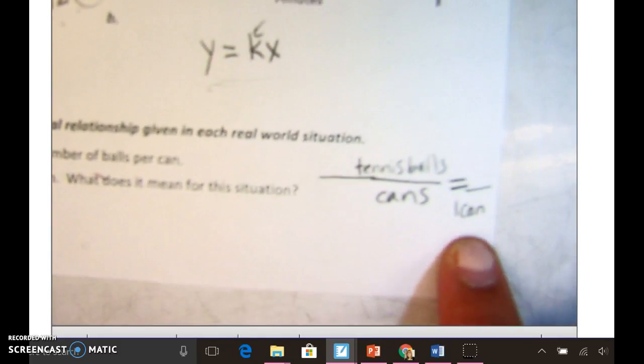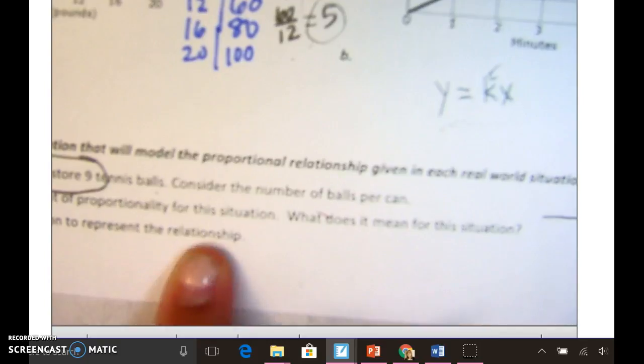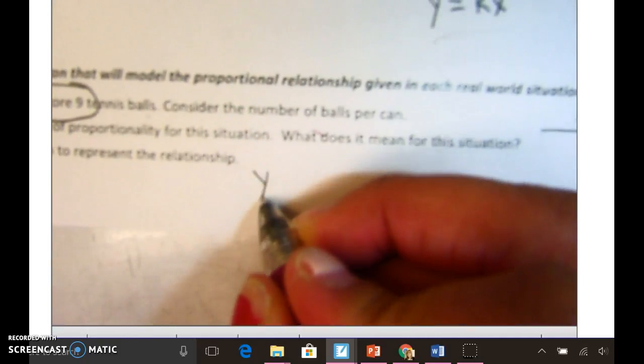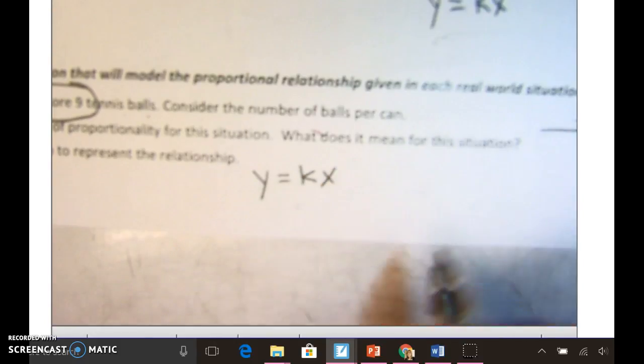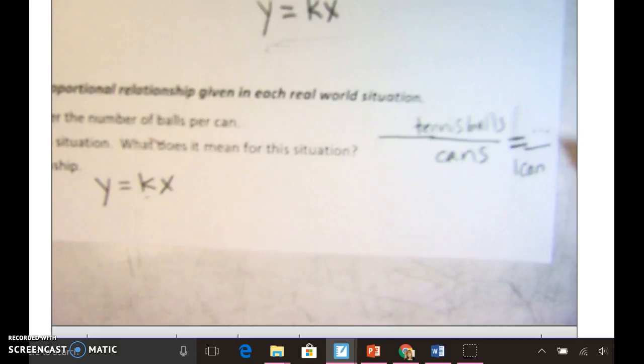Once you get this, it helps you answer this one, because once you get that ratio down to 1, then you can write y equals kx, but instead of k, you're going to write what this constant is. Y equals something times x.